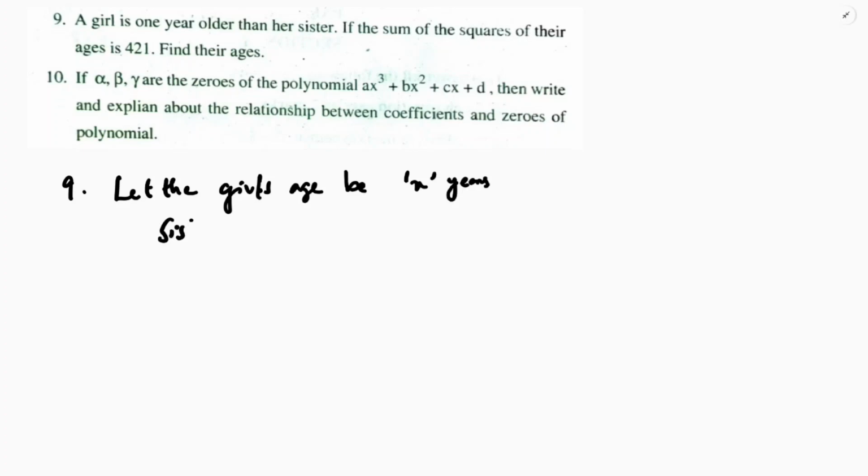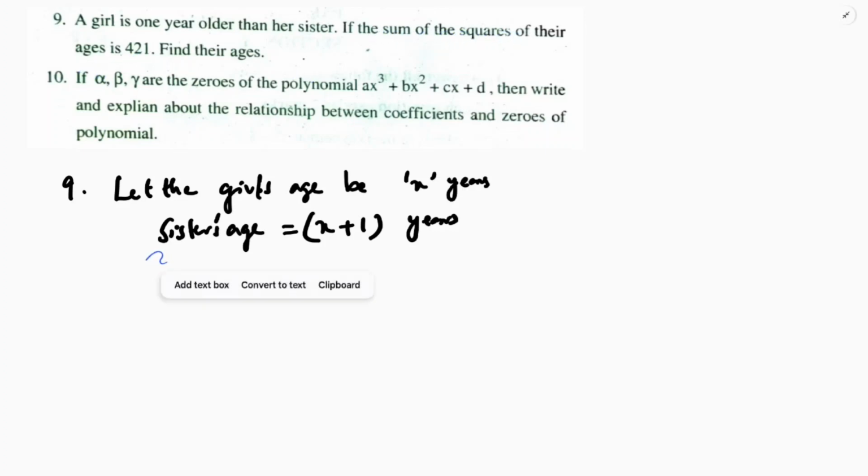So sister's age will be X plus 1, 1 year older than her. So X plus 1 years. The condition here is sum of the squares of their ages is 421. So here X and X plus 1.